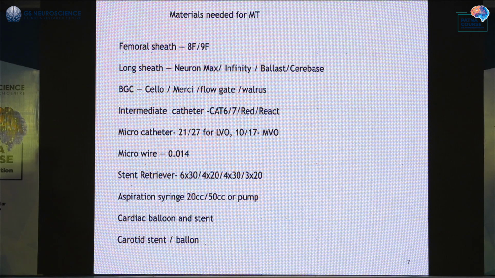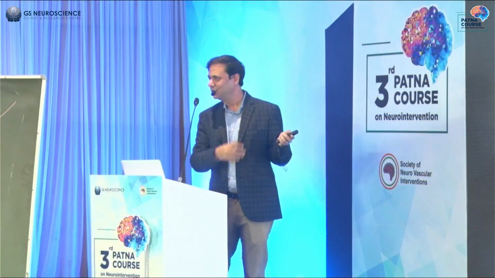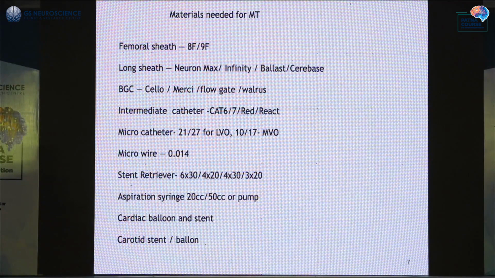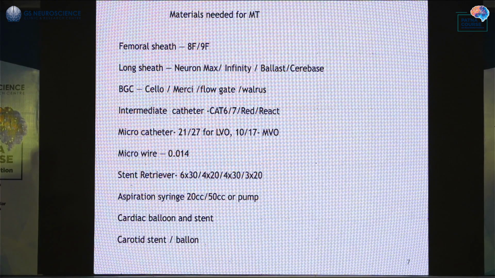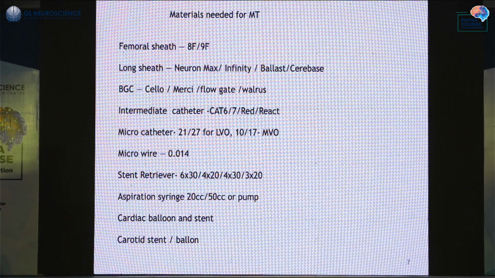The balloon guides available right now in India are the Cello, Mercy, Flowgate, and Walrus, which was recently launched in India. Then we have the intermediate catheter from different companies. Almost all companies now have an intermediate catheter. Microcatheter, 21 or 27, for large vessel occlusion, where we are using the 6 mm or 4 mm stent retriever.